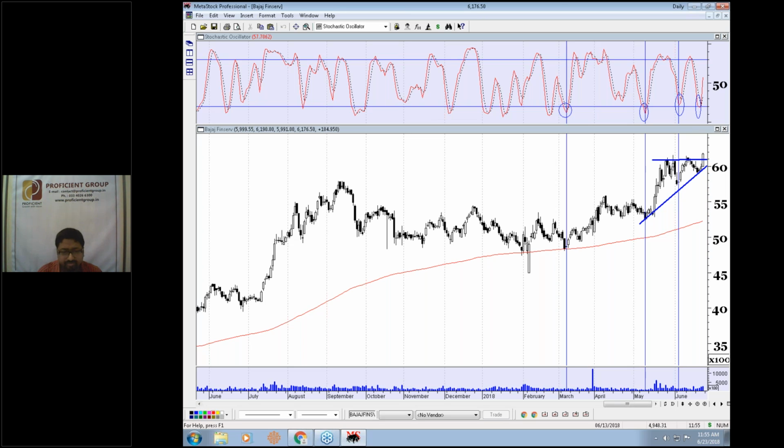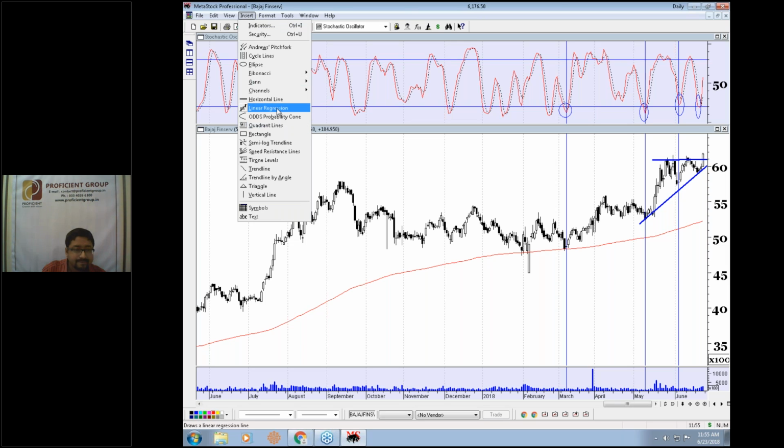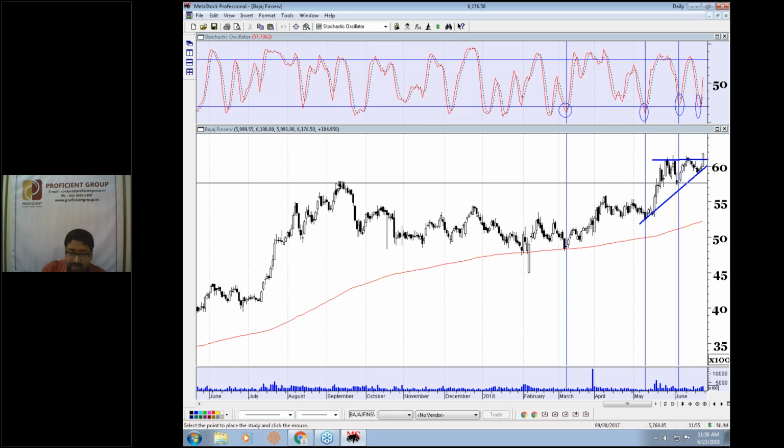And the longer term chart also shows that there was a pretty strong consolidation period here. The last time this lifetime high was made was in September of 2017, and this high was violated only last month, which is in May.